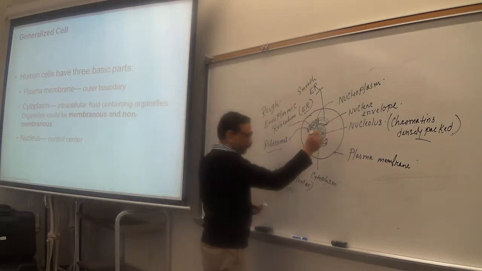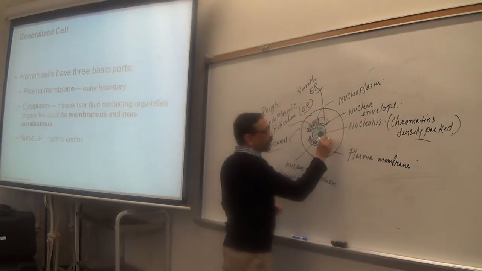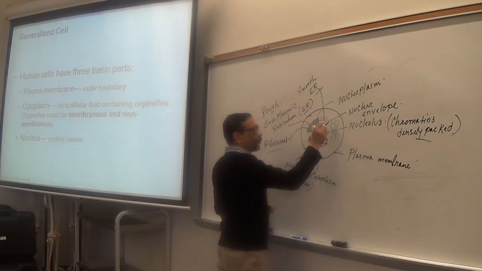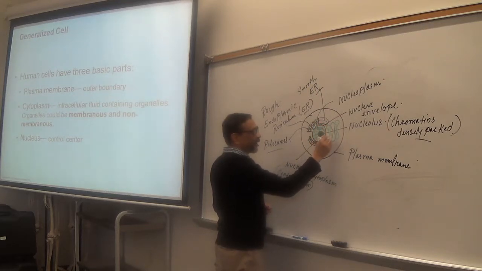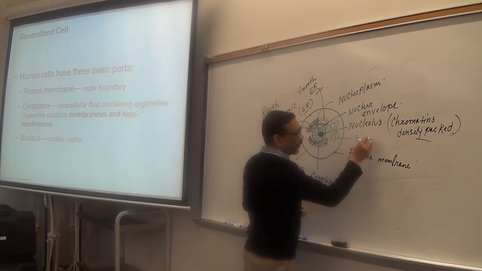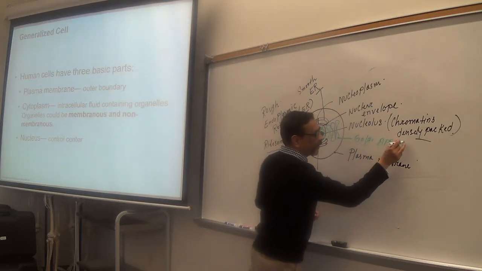Now, another structure which looks like flattened membranous sacs. Many flattened membranous sacs are together, and that structure is called Golgi Apparatus. Okay, so this is Golgi Apparatus.